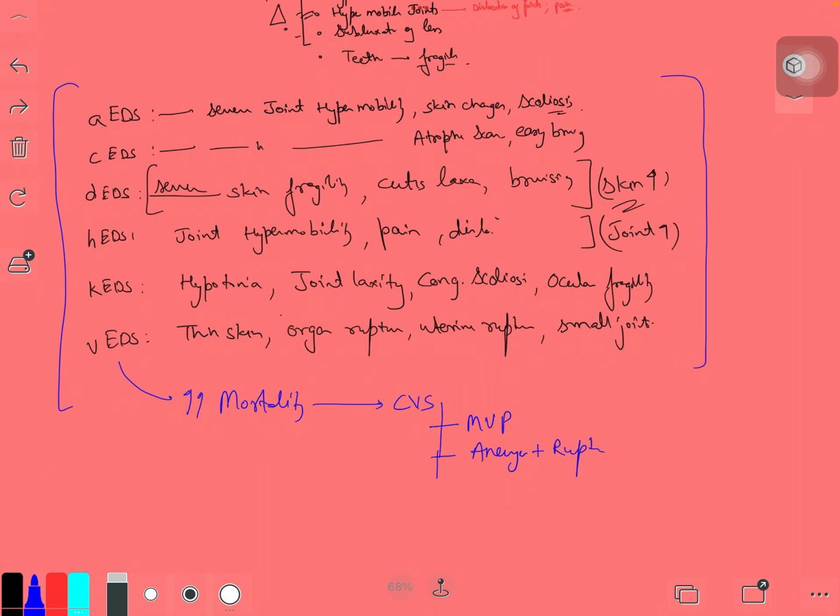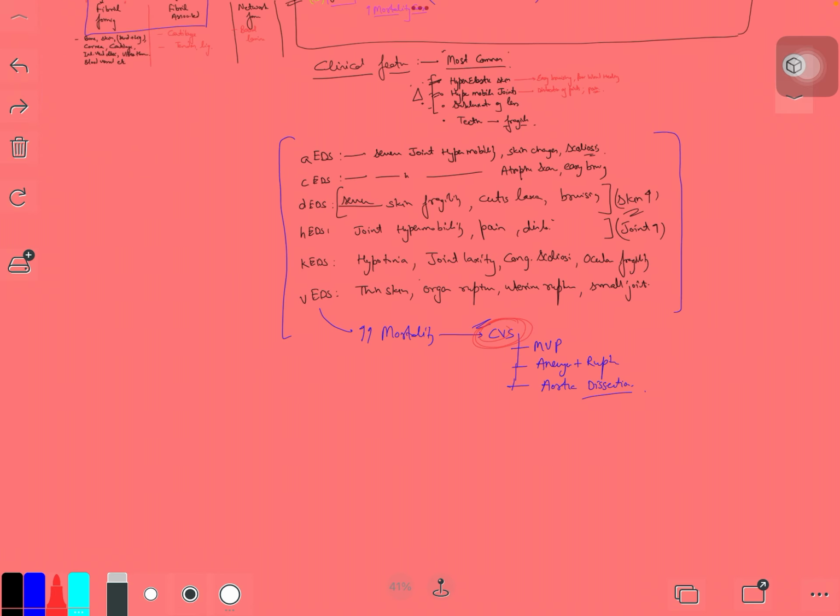Those aneurysms can even rupture, right? And the classical one, aortic dissection, can kill the person. So we must keep a keen eye on the cardiovascular system at least, in order to decrease the mortality.